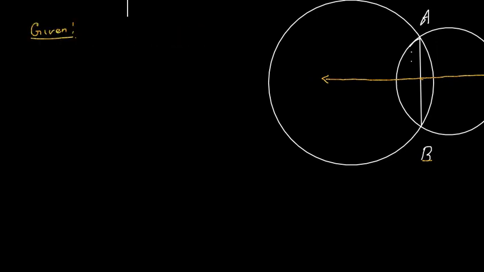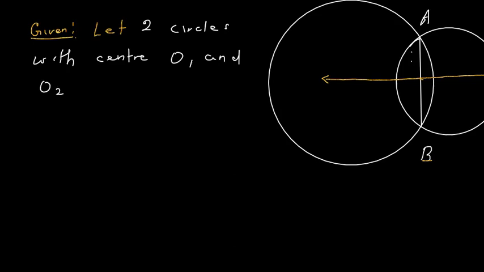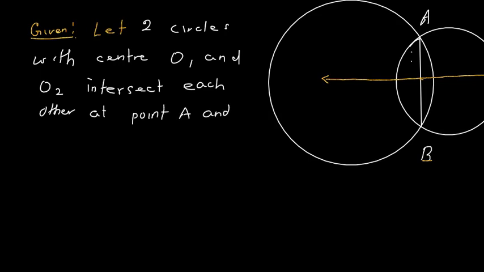Okay, so I say let two circles with center O1 and O2 intersect each other at point A and B. This is given.